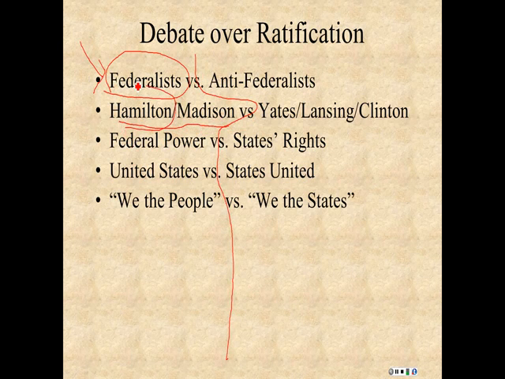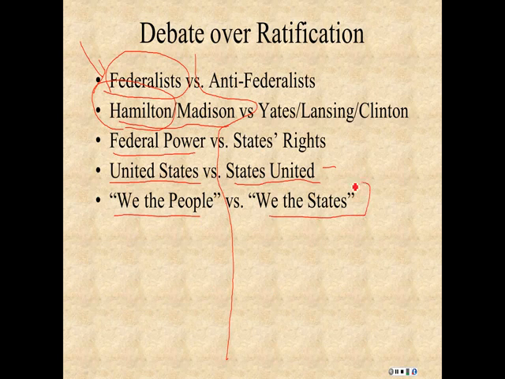But Hamilton, especially, George Washington, John Jay, people who become proponents of a little more federal power, the ability of a federal government to tax, to regulate commerce, to draft troops, people who are saying United States versus States United, which was a debate. People were saying "we the people" in the preamble to the Constitution versus "we the states." That, in fact, was a debate as well.